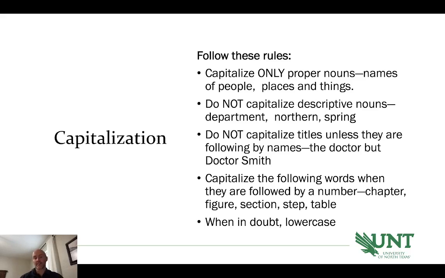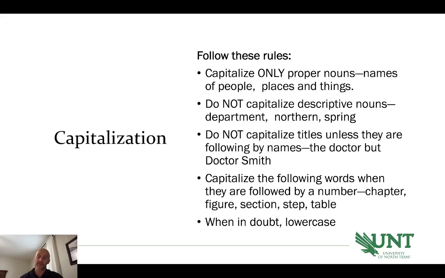The last thing I'll mention in this video is just some tips about capitalization. This is one of the trickiest parts of writing, I think. In the editing classes I teach, these rules can be kind of tricky. So just to give you some basic guidelines, you want to capitalize proper nouns, names of people, places, and specific things.